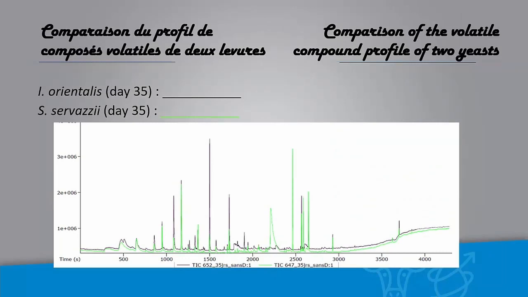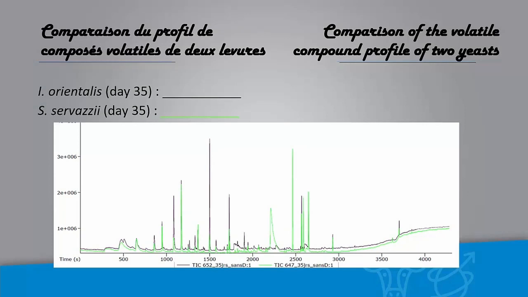Once milk characterization is done, we then were interested in the volatile compound aspects that we isolated. Some yeasts seemed to be interesting, and we wanted to determine their potential for the ripening of cheese. What you see on the screen currently is an analysis profile.